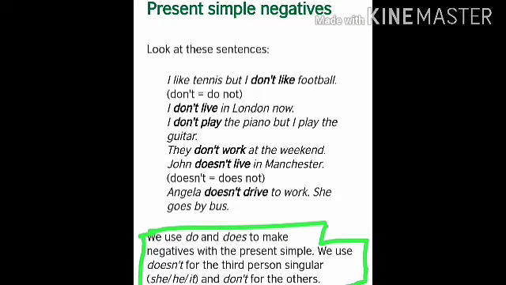One more thing we need to keep in mind here is if does is used in a sentence, then we do not need to add s or es with main verb. For example, John doesn't live in Manchester. So here does is used and the main verb live has come in its base form without an s. I hope this point is clear.